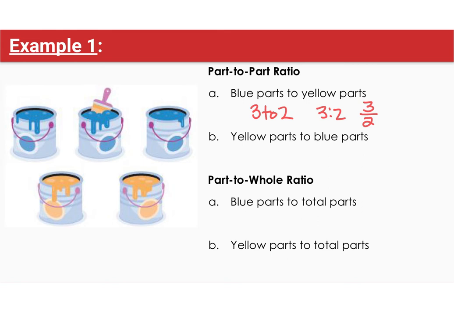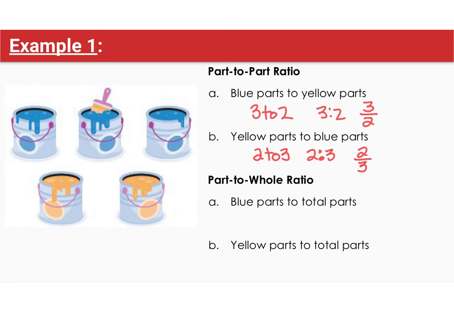That is a part-to-part ratio. Yellow parts to blue parts, it's still a part-to-part ratio. Yellow parts, so we have to write the yellow first, to 3, 2 to 3. We can do it with a colon or as a fraction.